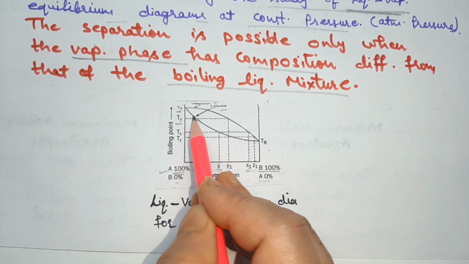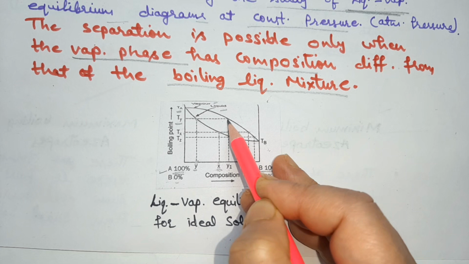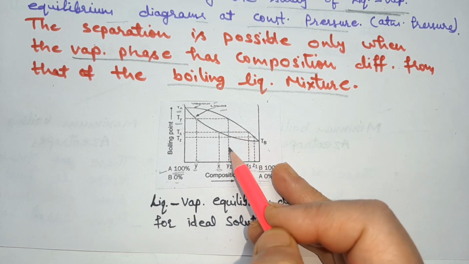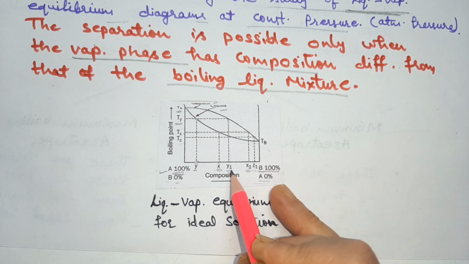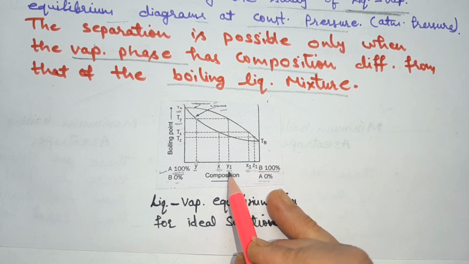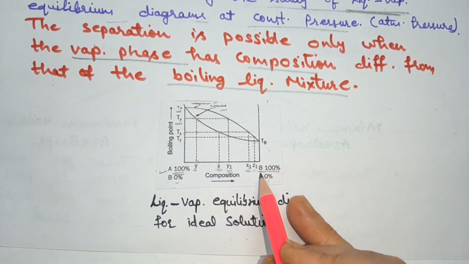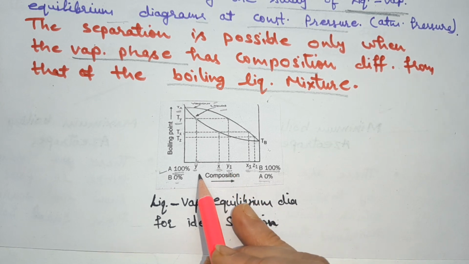The vapors coming off at that Ty will be with respect to this vapor curve, and that will be Y1. See this side. Again that Y1 will be rich in B component. So the composition of the residue will again be richer in A.